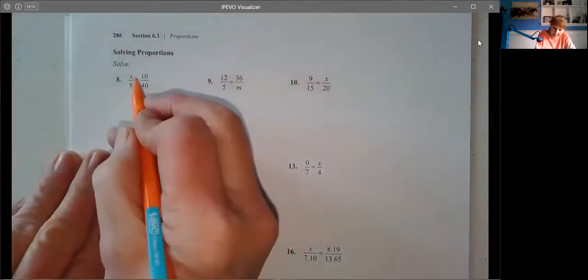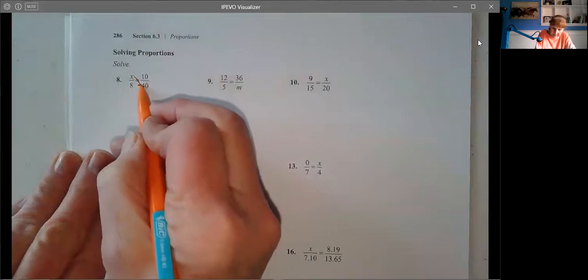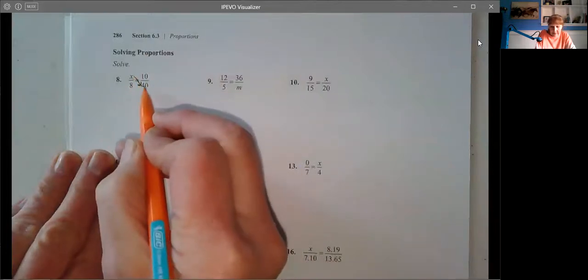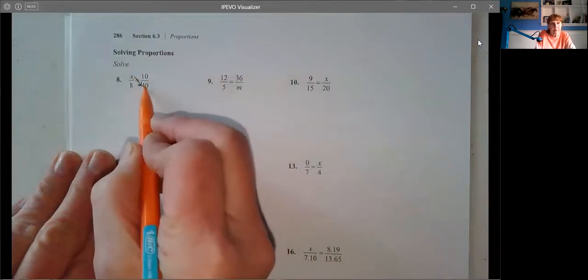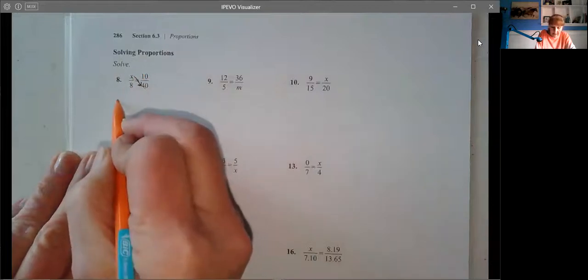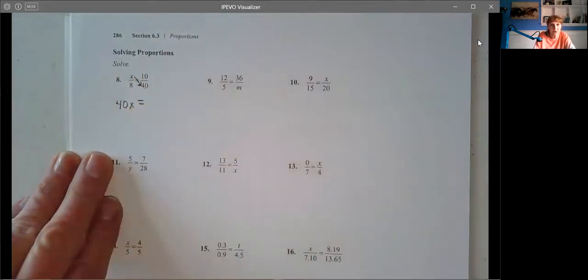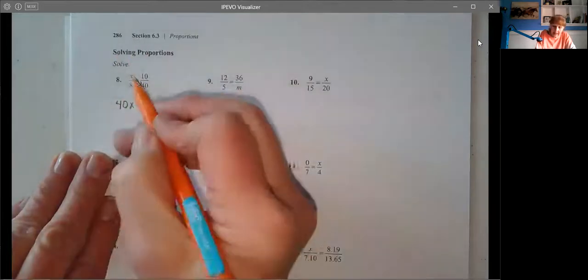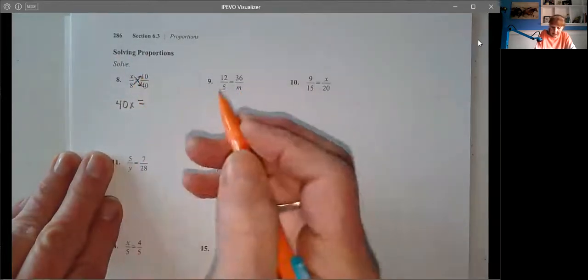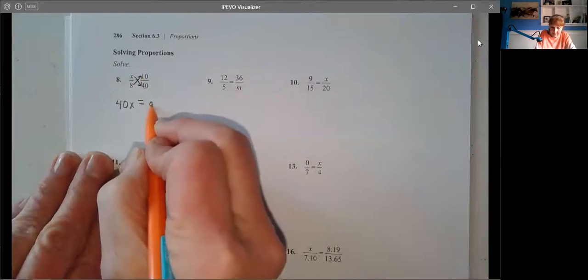And this, I'll show you where some people make a mistake. I'm going to take the x times 40, which is 40x. I put the x second. So I just took 40 times x equals 8 times 10, which is 80.